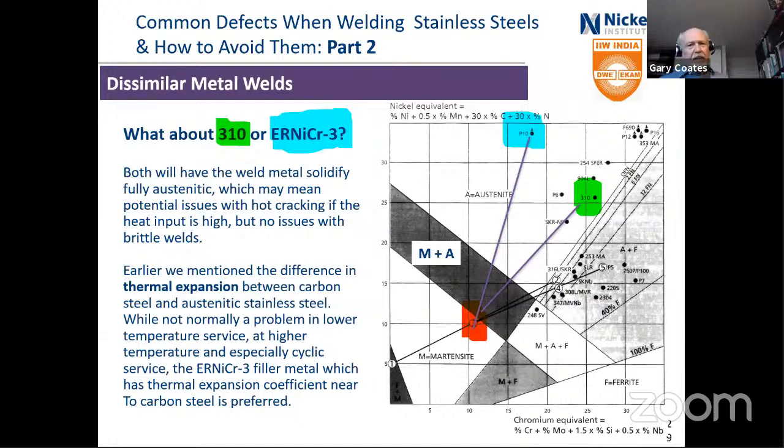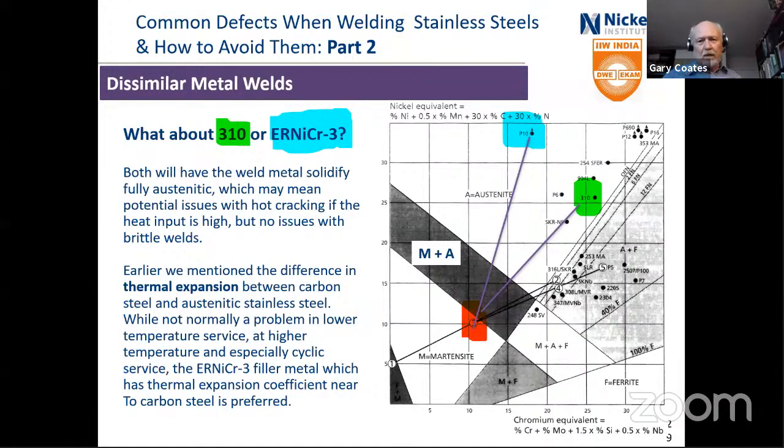You can use the 310, it often gets recommended, but you have to run it at much lower heat inputs. The cleanliness is far more important. In this case, if the carbon steel is too contaminated with impurities, and that may just be the way it is, there's nothing you can do about it, it may not weld well.